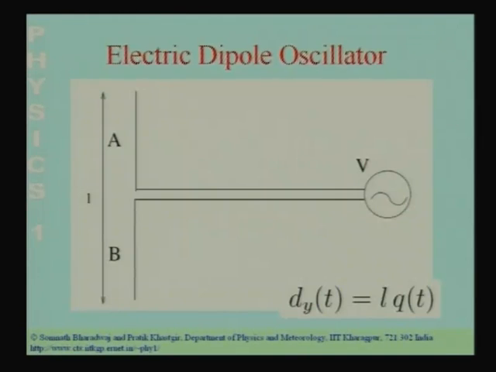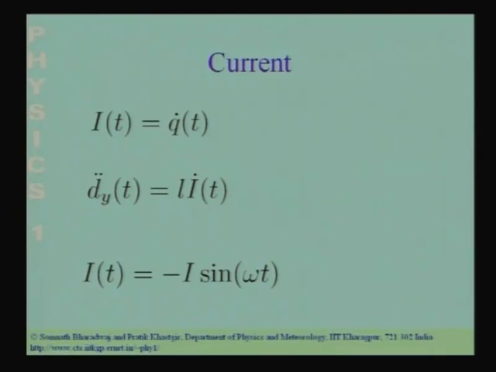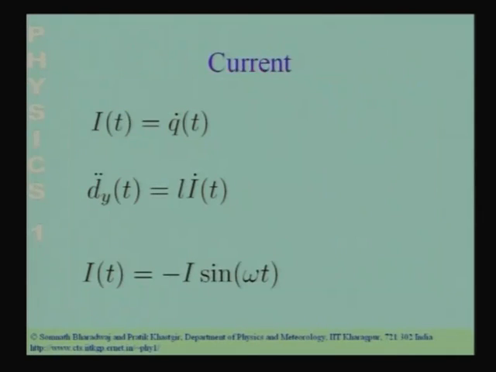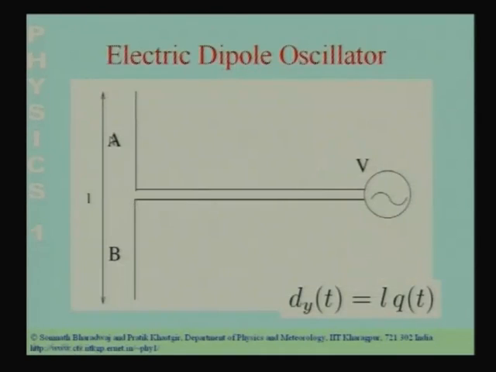Another convenient way of expressing the same electric field is in terms of the current. When I apply a positive voltage to one of these bits A and a negative voltage to B, and then the voltage is reversed, there will be charges rushing from A to B, and then when the voltage is reversed again, charges will rush back, and charges keep on moving back and forth.